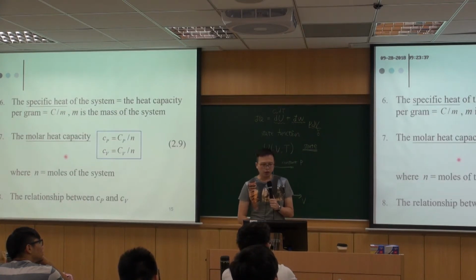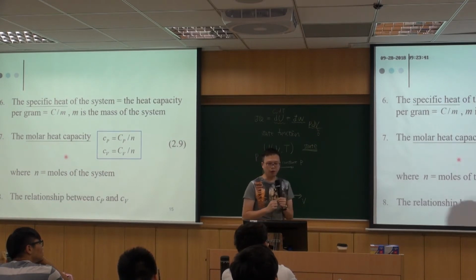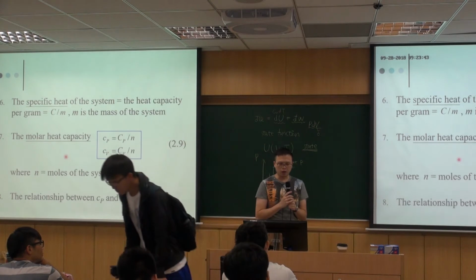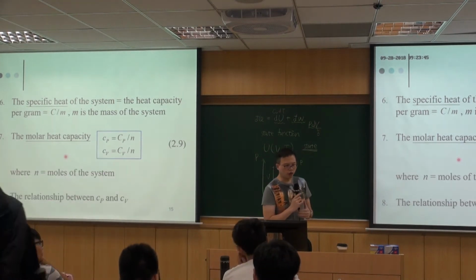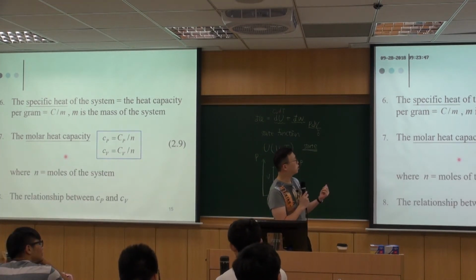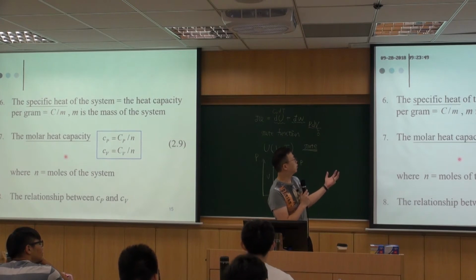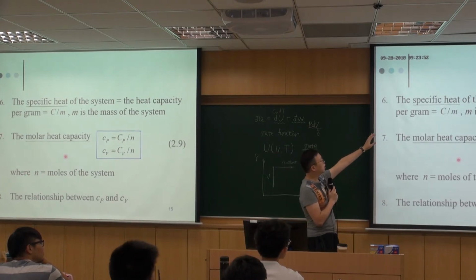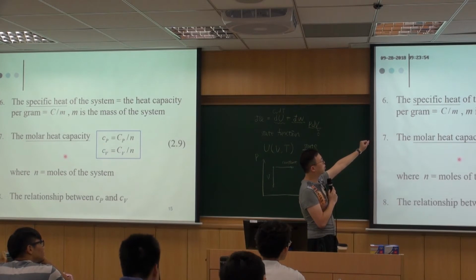And in order to get rid of the size dependence, we define two different quantities. The first one is called specific heat, 比热. Most of you have known this, I think since high school.